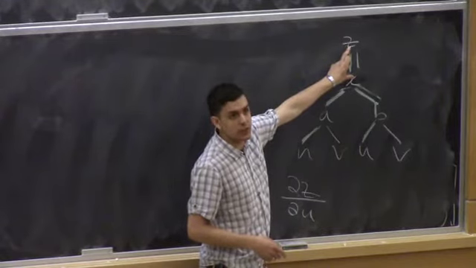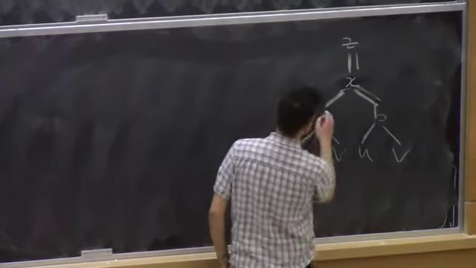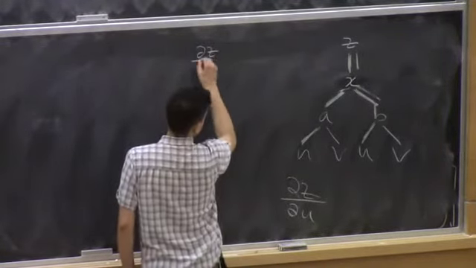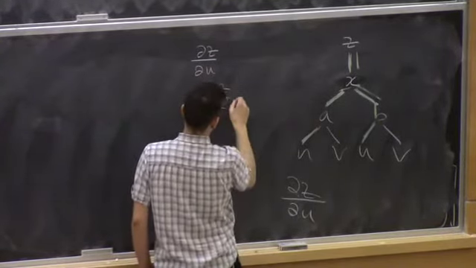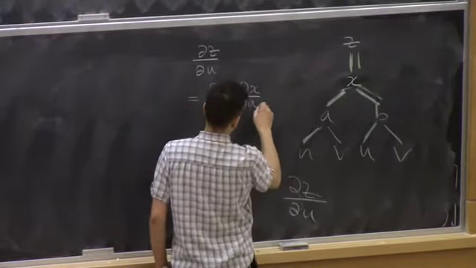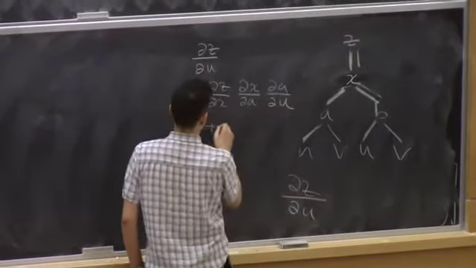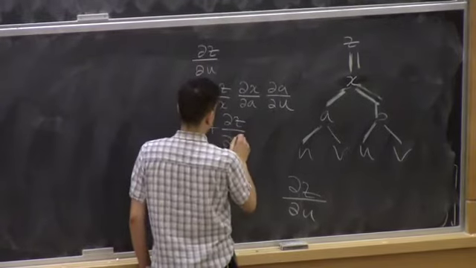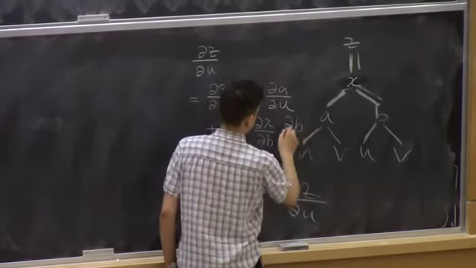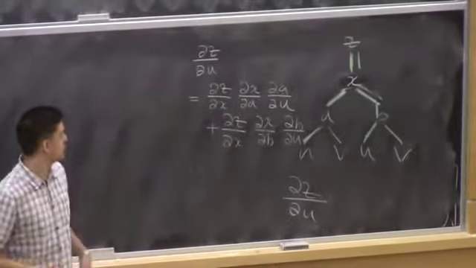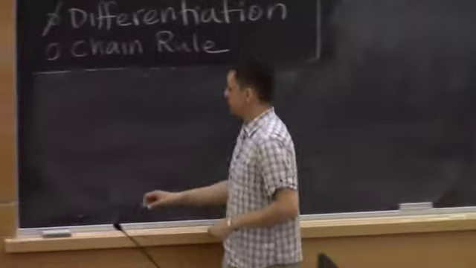And for this one, you would have two copies of partial Z, partial X, one for each. So if your dependence diagram looked like this, you'd get partial Z, partial U. So this guy gets counted twice, is what I'm trying to say. Cool question.